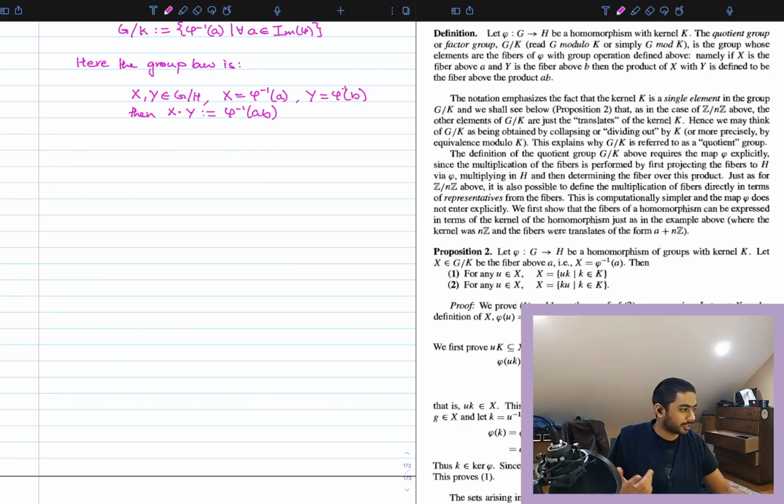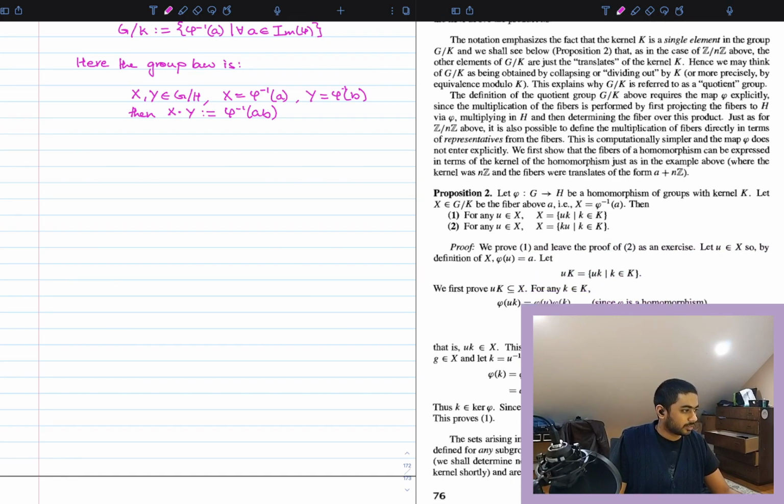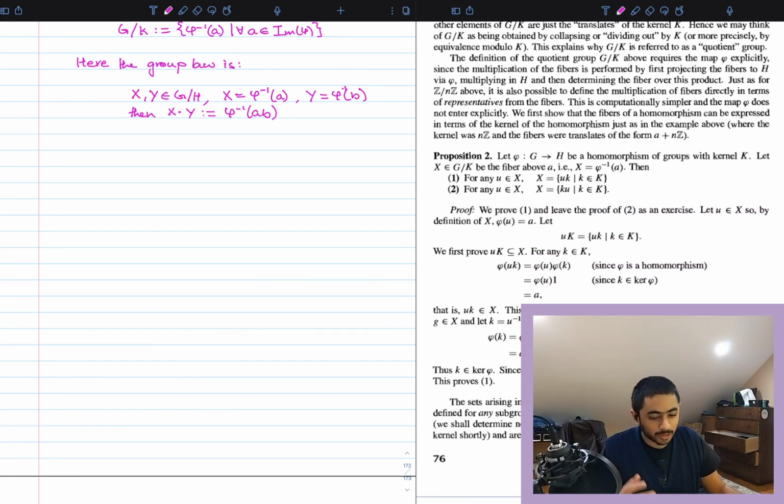I think that's what they're trying to say here. Okay, so let this be a homomorphism with kernel K. Take some fiber. So this is just expressing these as cosets. They're just saying that fibers are cosets.